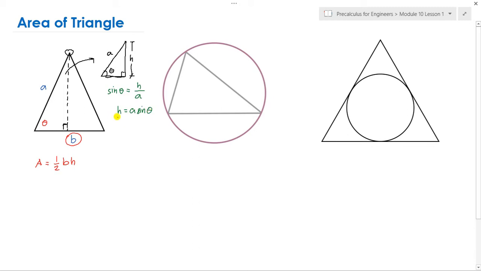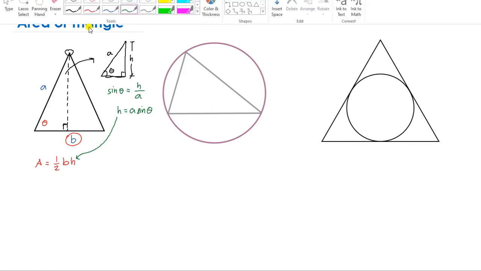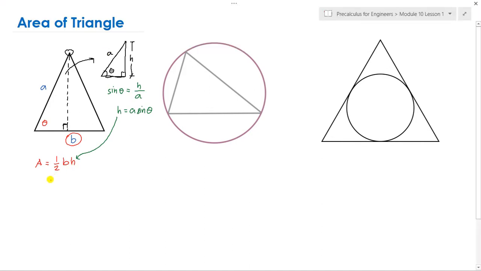So we now have value for h and we're going to substitute that in our given formula. So this would now become 1/2 base times the height, a sine of theta. So therefore, rearranging, we have 1/2 AB, that is the product of the two sides, times the sine of the included angle.